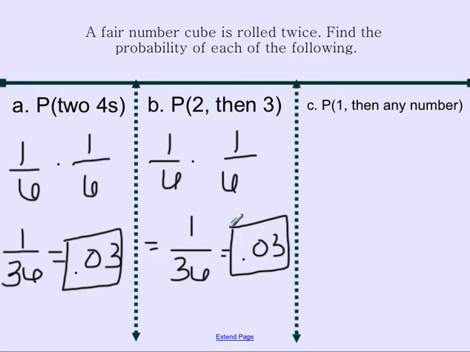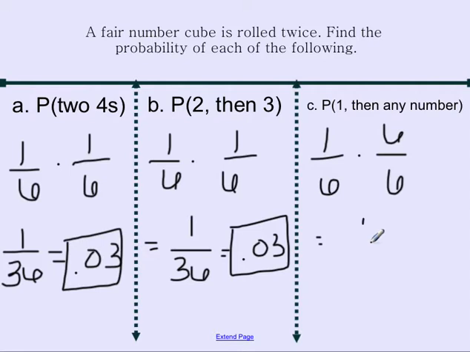So we want to find the probability of rolling a 1 and then any number. Well, the probability of rolling a 1 is still 1 over 6. Then the probability of rolling any number, well, there's 6 total, and if we're going to roll any number, then we can roll any of the 6 of them. So our number of successes is actually 6. So we're going to have the fraction 6 over 6. Then you multiply across.